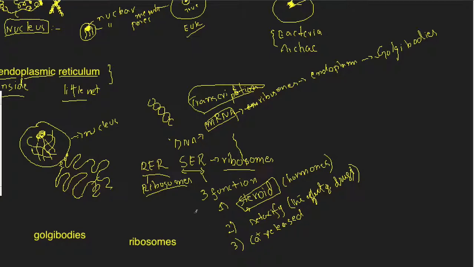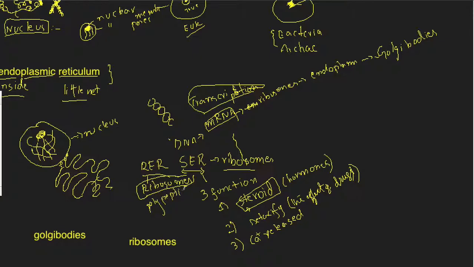That's the second part, the rough endoplasmic reticulum, which has ribosomes. I told you its function: when the mRNA passes through the ribosomes, it forms a polypeptide chain or a protein. Let me write that down.